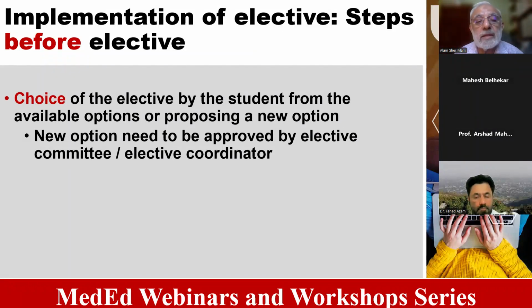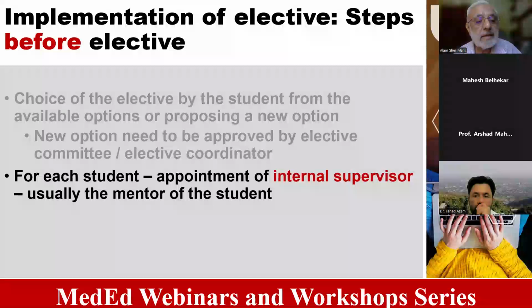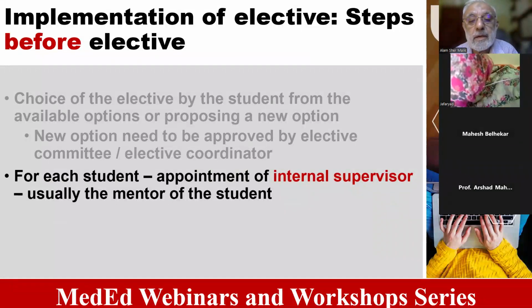It may be one of the options already provided by the institution. Or the student may propose a new option, but obviously that needs to be approved by the elective committee and elective coordinator. So second, for each student, appointment of an internal supervisor, usually the mentor of the student.